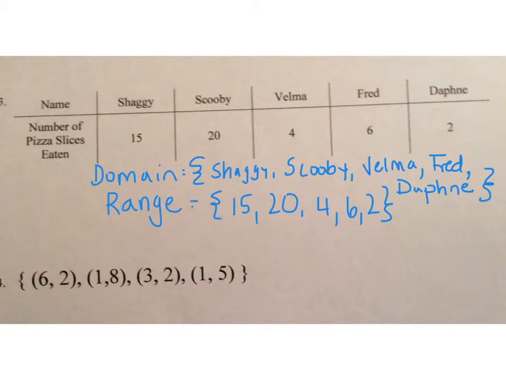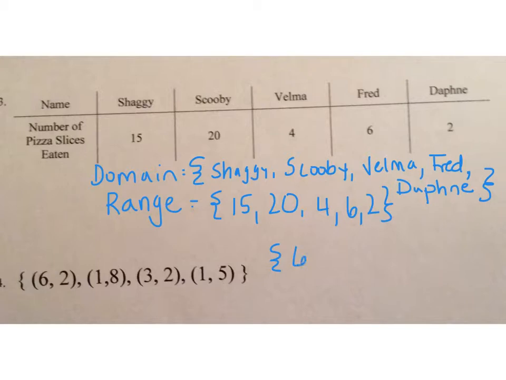So let's look at this next one. In this case, the domain, these are probably getting boring, actually. I didn't make that curly brace too nicely, so let me try again. These are probably getting boring because they're so easy. So the domain will be 6, 1, 3, and 1, but I don't have to write 1 twice.